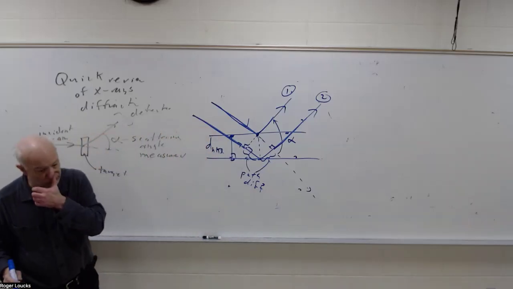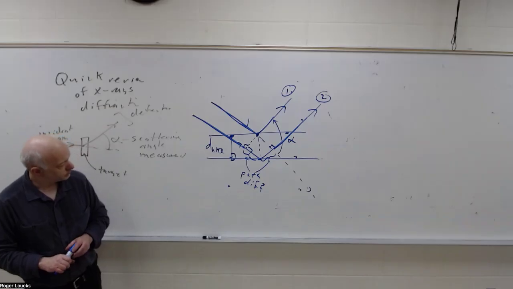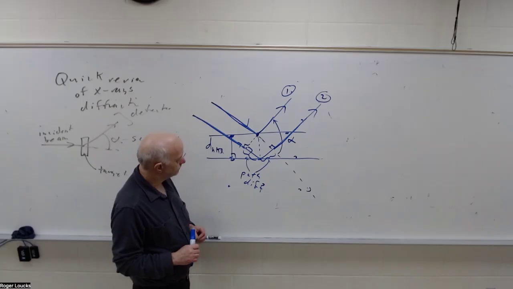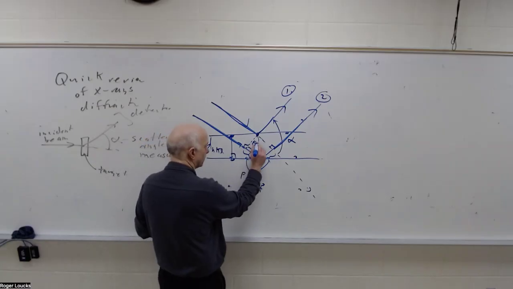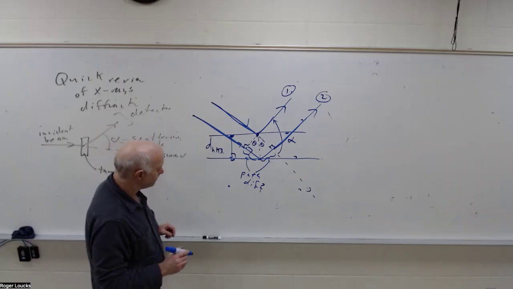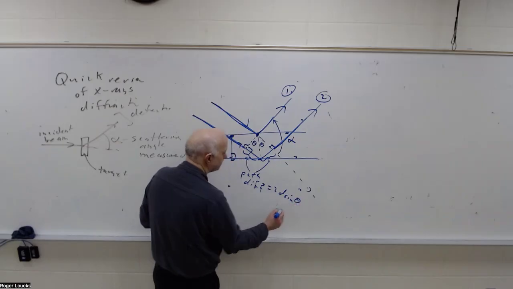What did we say that path difference is? The 2d sine theta. Where's our theta? Yeah, we have the theta here. This is your theta like that. And so this path difference here is your 2d sine theta.